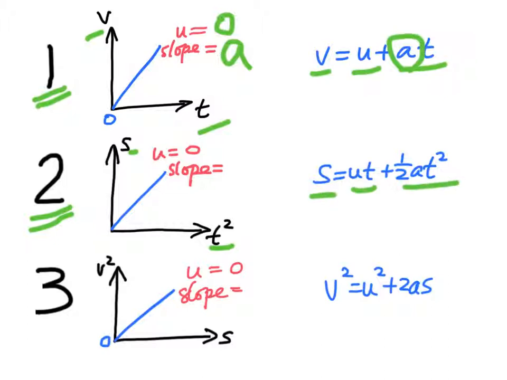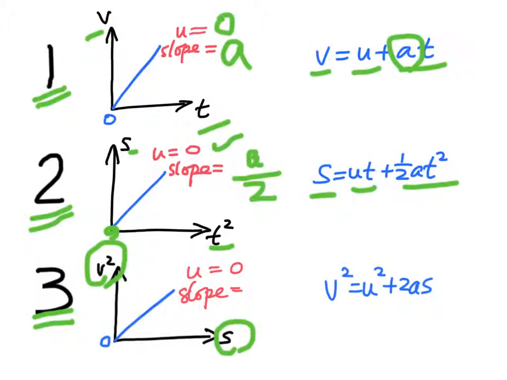Again, we have u equal to 0, and the slope of the graph equal to a over 2. For graph 3, this is the graph of v squared against s, with the equation v squared equal to u squared plus 2as. Again, the initial velocity u equal to 0. Also, the slope of the graph will be equal to 2a.